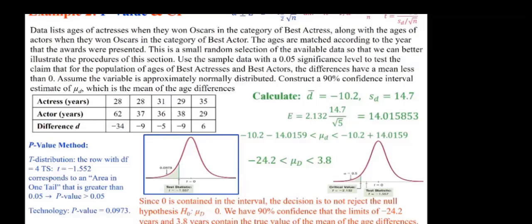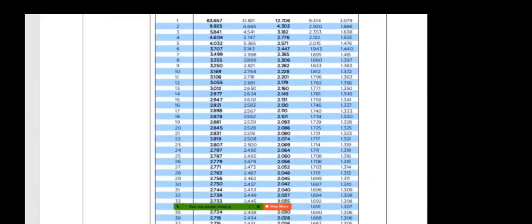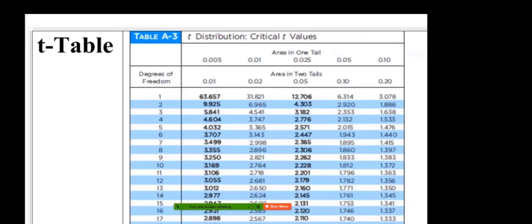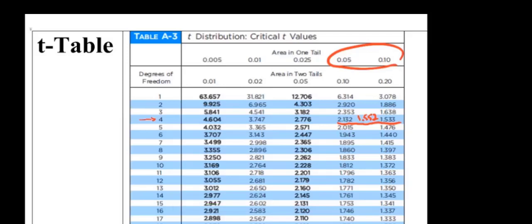Quickly look at the t-table. Here's the t-table. Degrees of freedom was n minus 1, or 4, and the number 1.552 is in between. The area in one tail is larger than 0.05, according to this table. And that's exactly what we got.